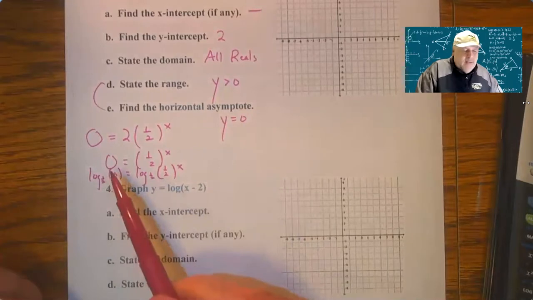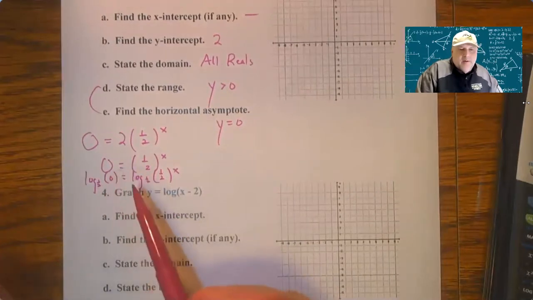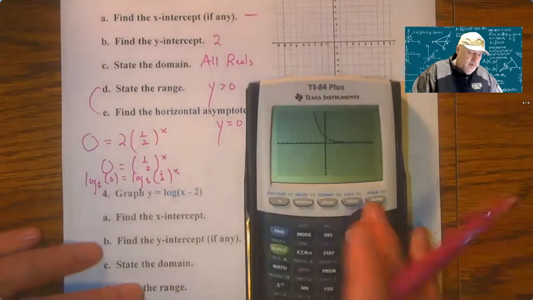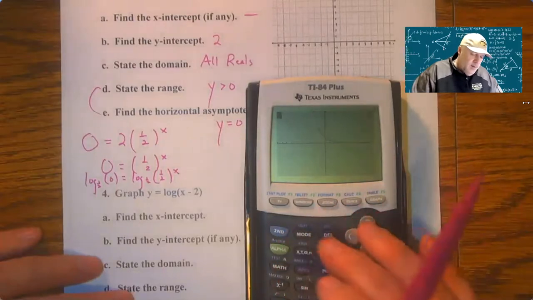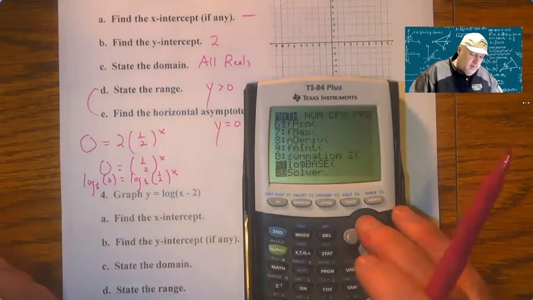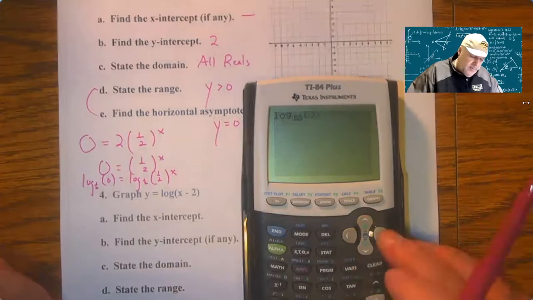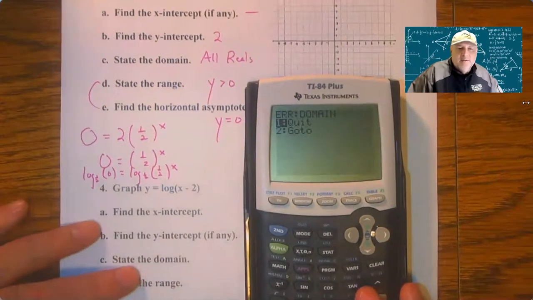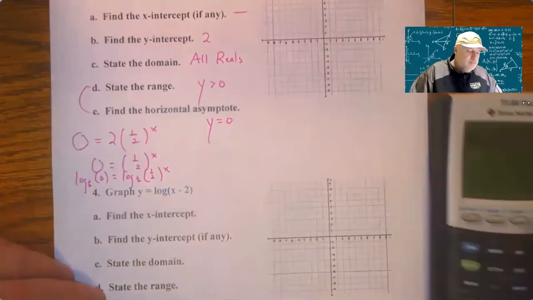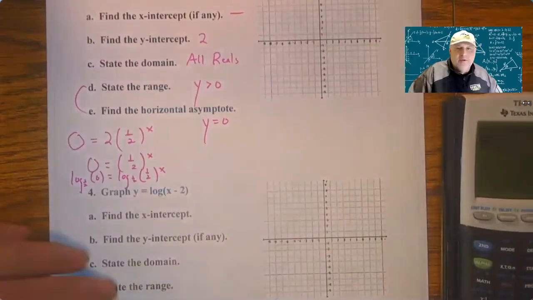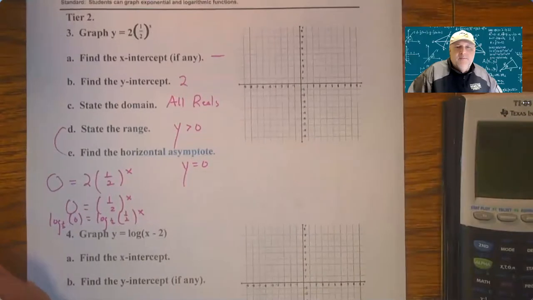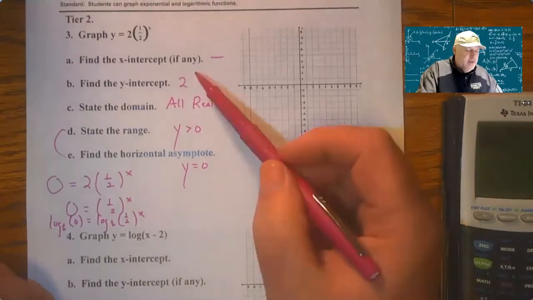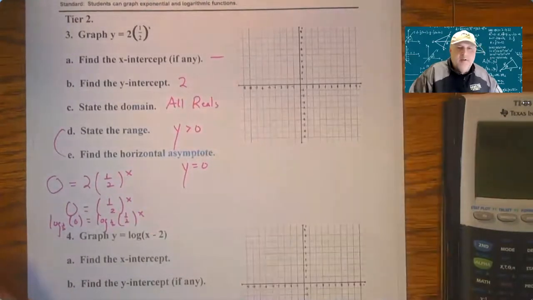So it's just the fact that if you have a 0 here and you're going to do log base whatever it is, you can even on your calculator give it a whirl. Log base 0.5 of 0, you're going to get an error, non-real, or domain error. So that's the way you can tell for sure if you do not have an x-intercept, it's just not solvable.